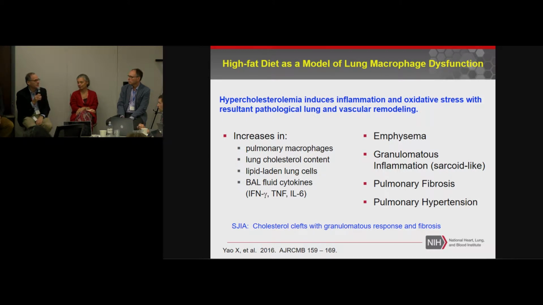For example, there are pro-resolving lipids that have been identified that mediate resolution of inflammation, like lipoxins and resolvins. So maybe there's a two-pronged approach: trying to lessen the inflammatory burden, but also trying to promote the resolution of inflammation.